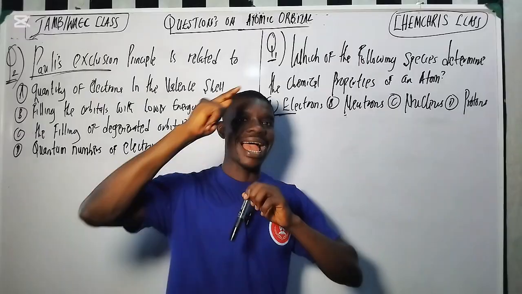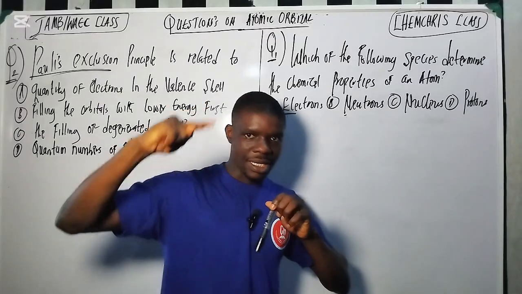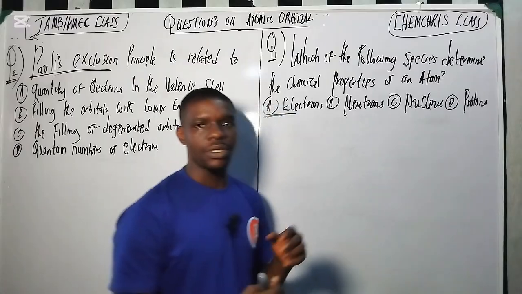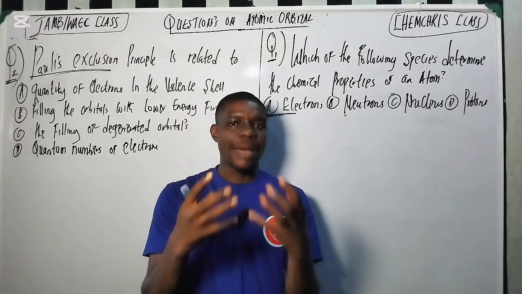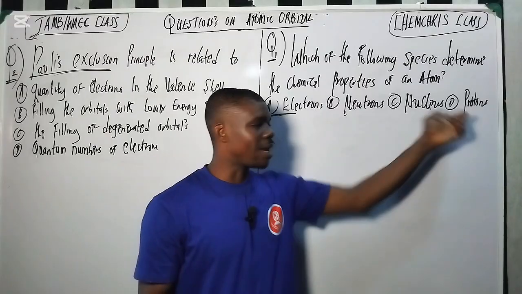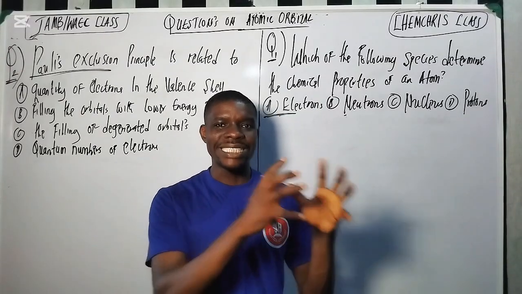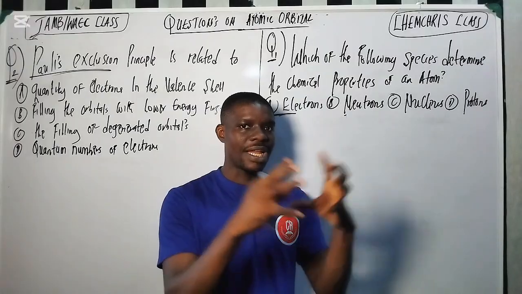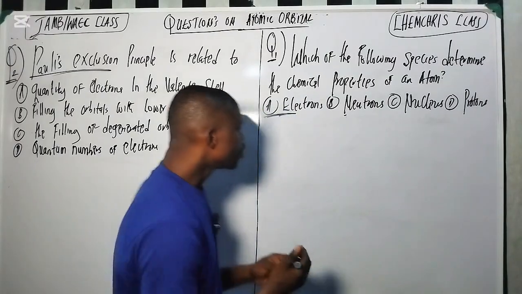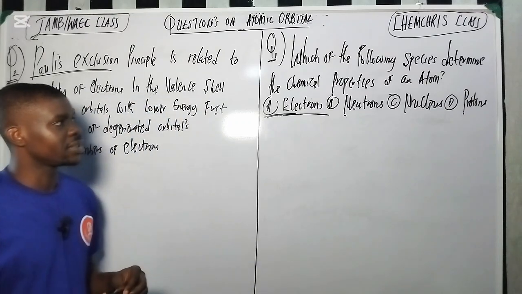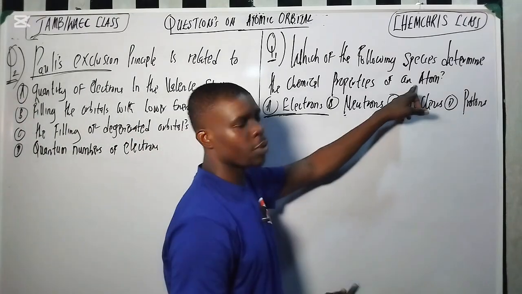We are talking about the atom's shell. Proton determines the atomic number of the atom. Proton number just determines the position of the atom in the electronic configuration. So the answer is electron. Electron determines the chemical property of an atom.